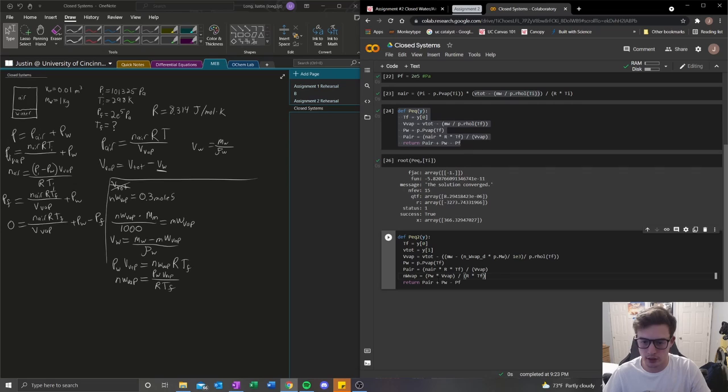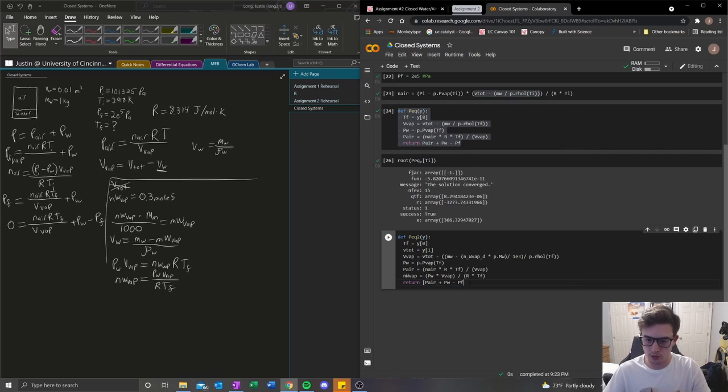And then now we're going to be returning two things. We're going to give it our guesses for the final temperature and our guess for final volume, and then it's going to give us the final temperature and final volume. So we need to make sure it can give us the final volume.